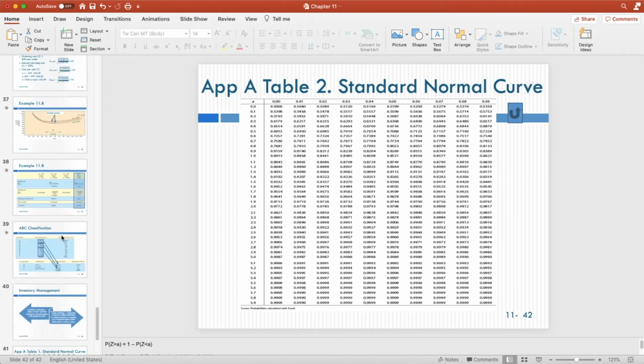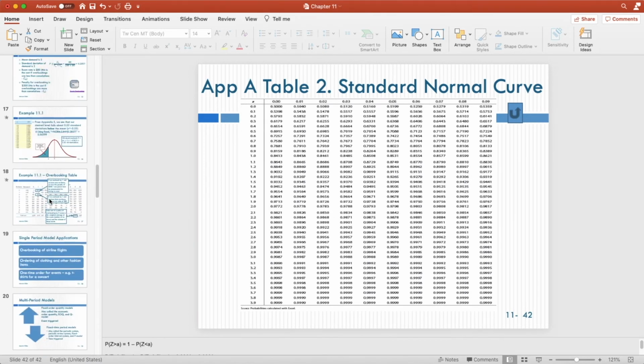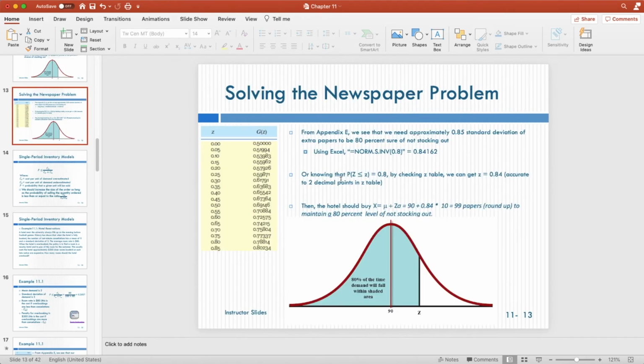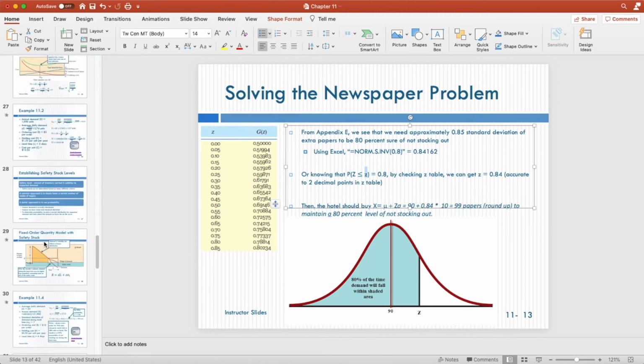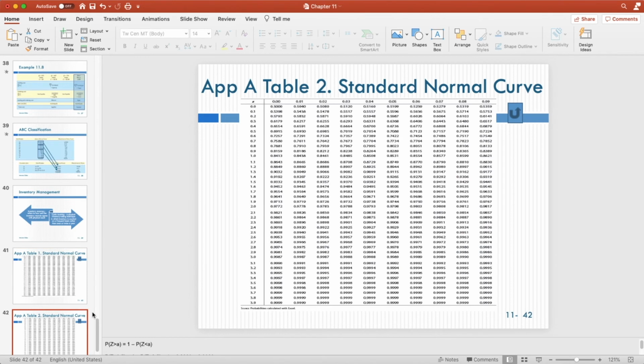In this specific case, what we know is the probability, and what we want to find is the specific z value. That's very straightforward. Since we know the probability but are trying to find the z value, how do we check the z table? Very easy.